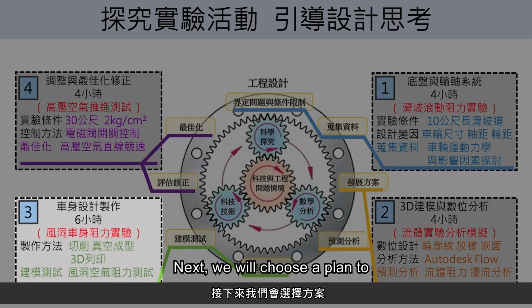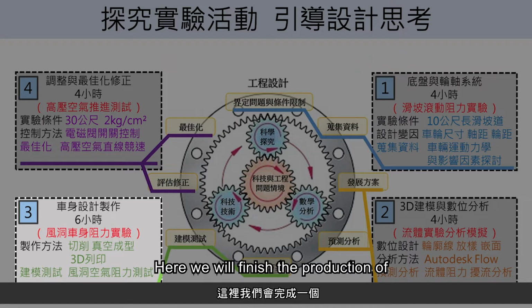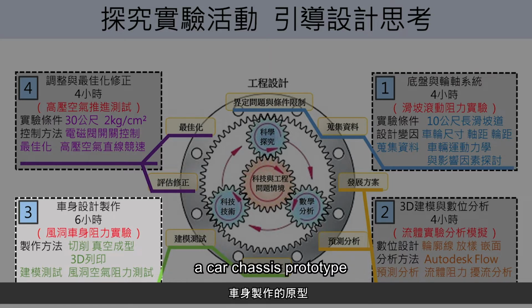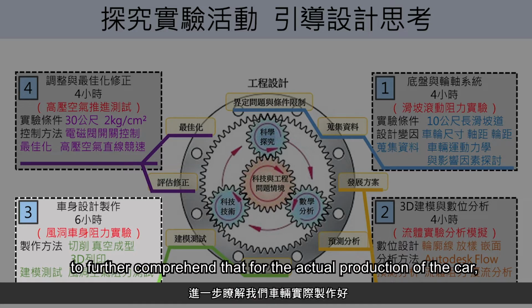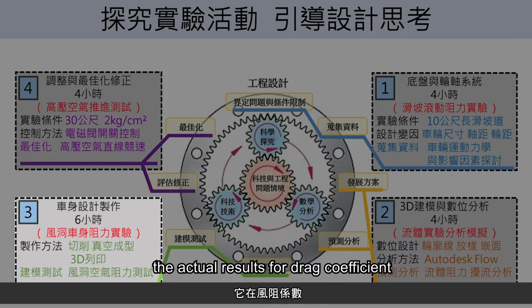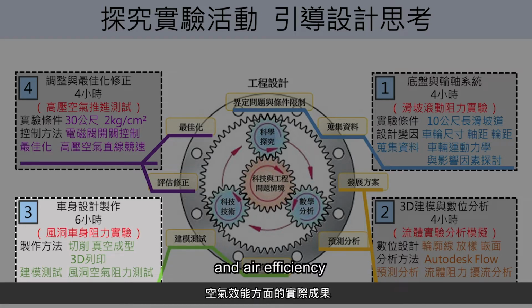Next, we will choose a plan to perform modeling testing. Here we will finish the production of a car chassis prototype and perform a wind tunnel aerodynamic experiment, to further comprehend, for the actual production of the car, the actual results of the drag coefficient and air efficiency.